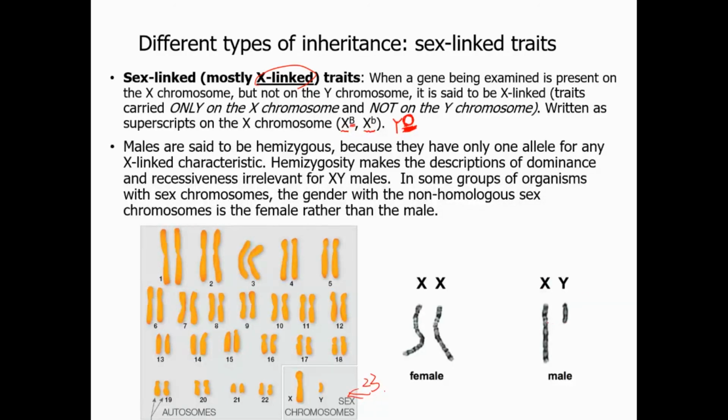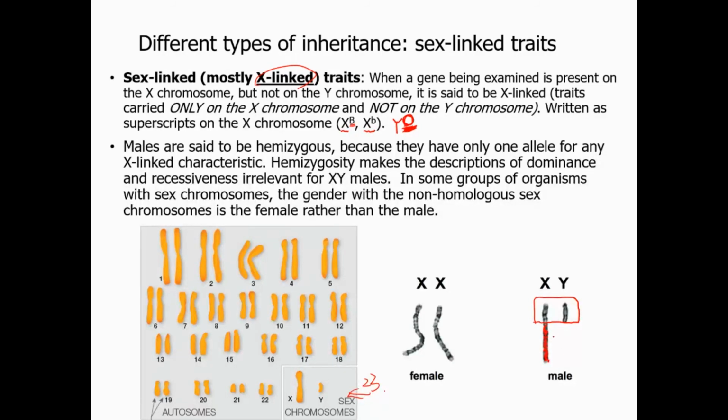Now you probably noticed that the X chromosome is a lot longer than the Y chromosome, correct? Now we mentioned that sometimes a chromosome may carry over 1,000 genes. So there's going to be a lot of genes on the X chromosome that are not going to be on Y, because Y is really short.